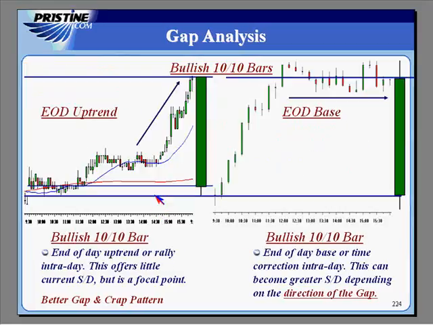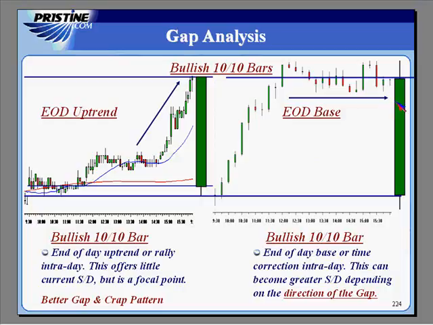When we look at bullish bars, we'll do the same thing. The daily bars might look exactly the same or very close to being the same, but we want to look inside that bar and see whether it was rallying into the close, moving higher, or whether it was consolidating.